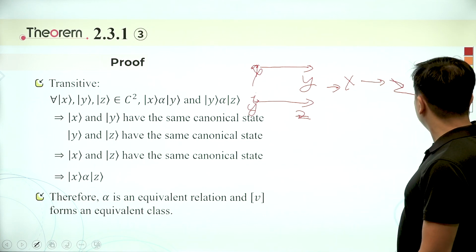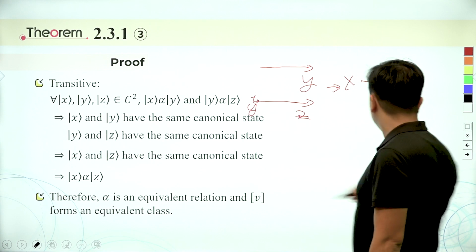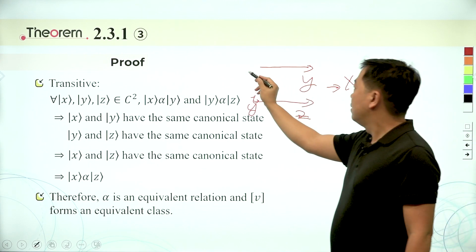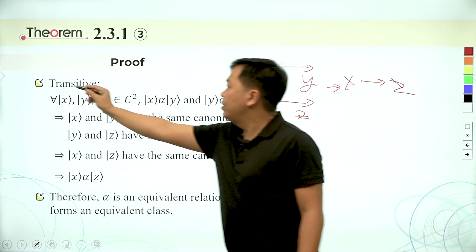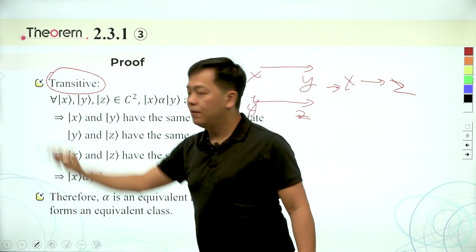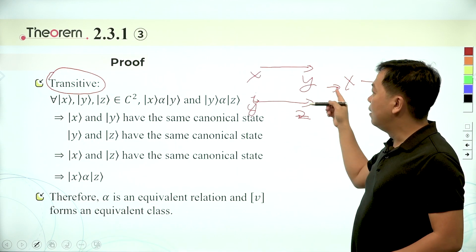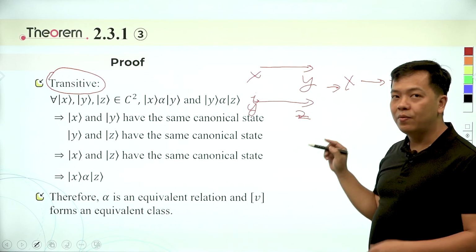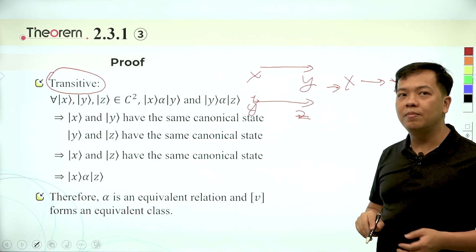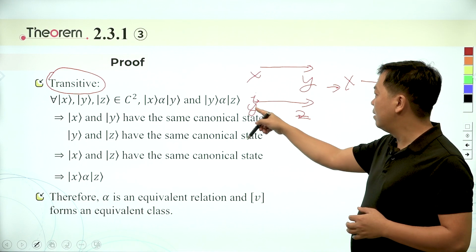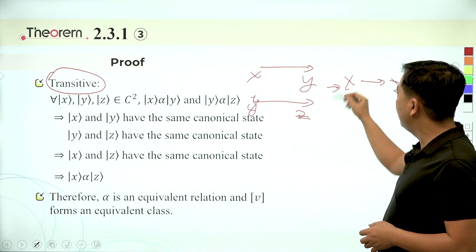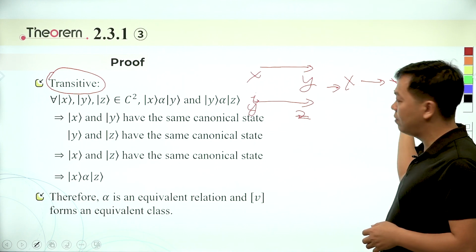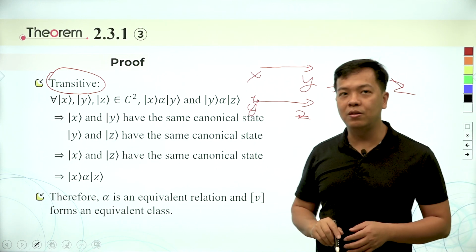This is transitive. If quantum x and quantum y have the same canonical state, and quantum y and quantum z have the same canonical state, then we can say quantum vector x and quantum vector z have the same canonical state.